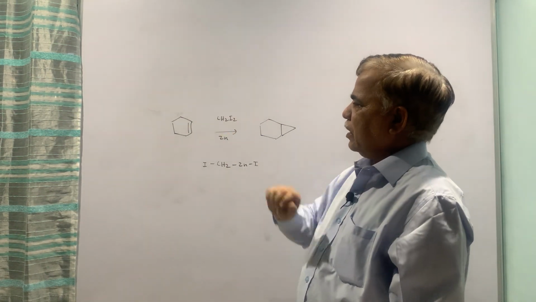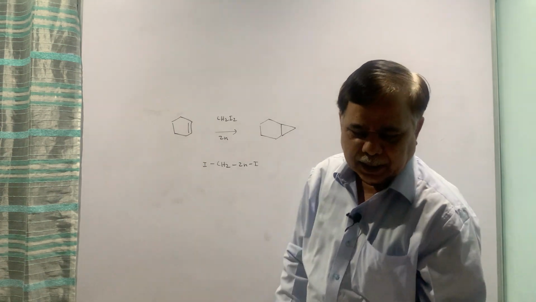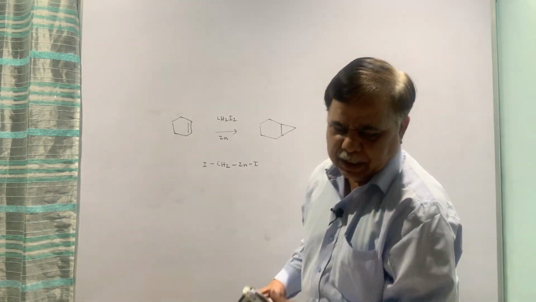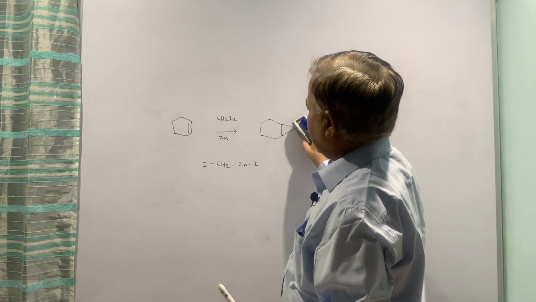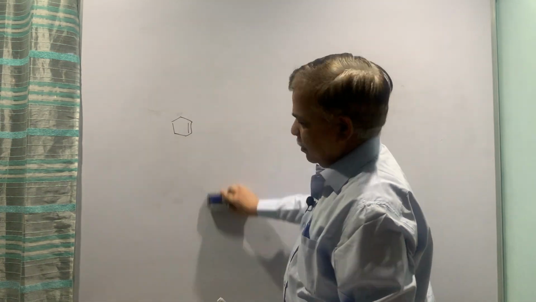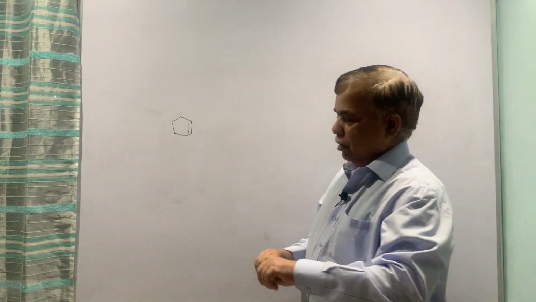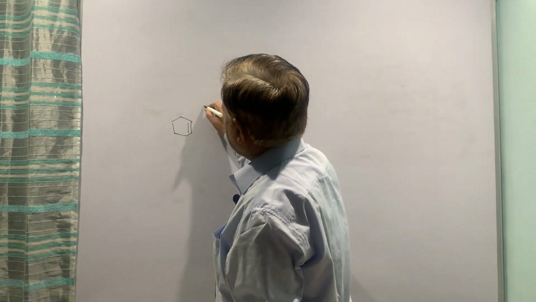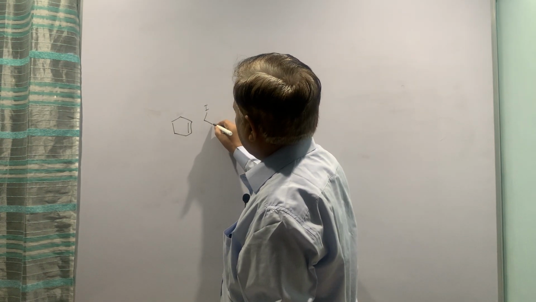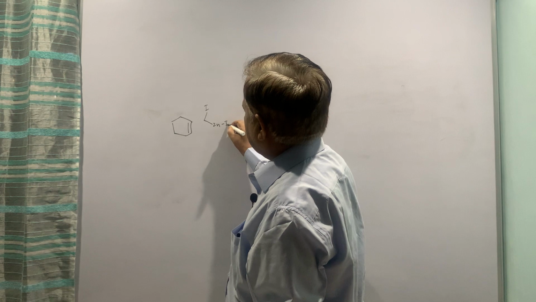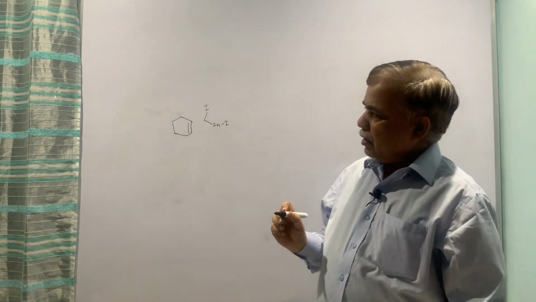This interacts with the alkene. Now that interaction is also interesting, so I am going to show that here. Now this molecule, I will just put as CH2ZnI. This is the structure.